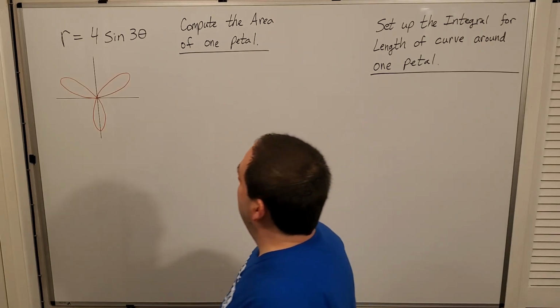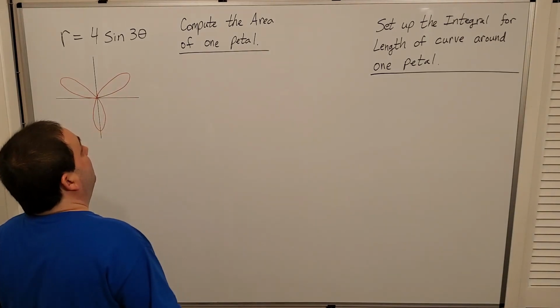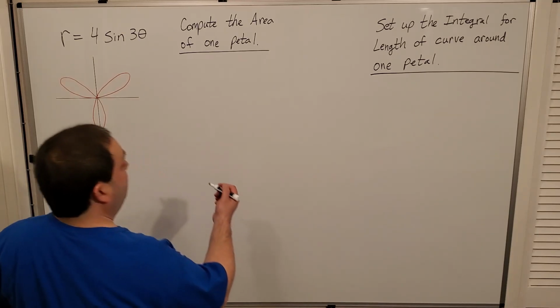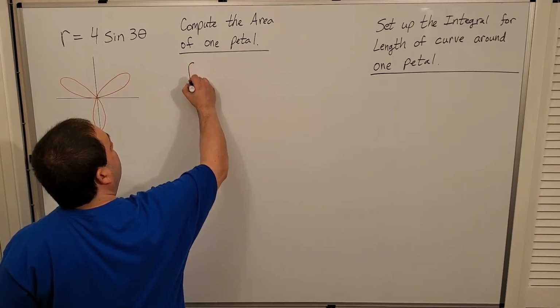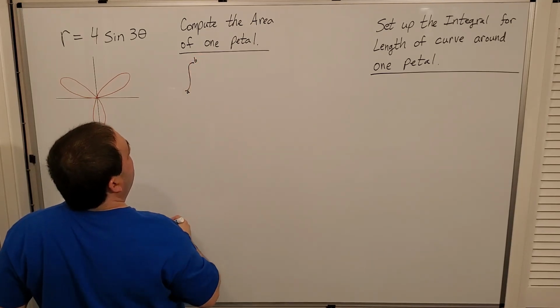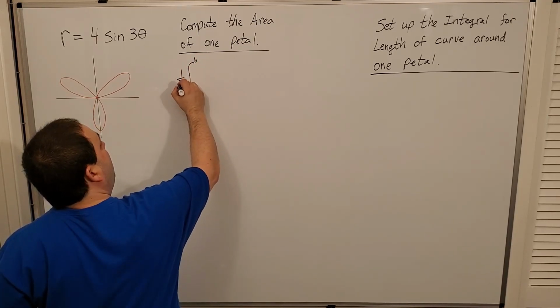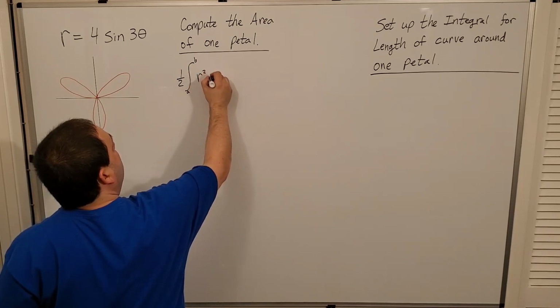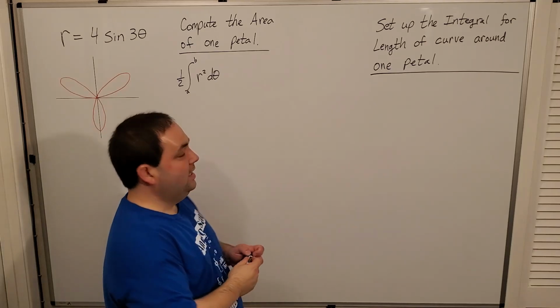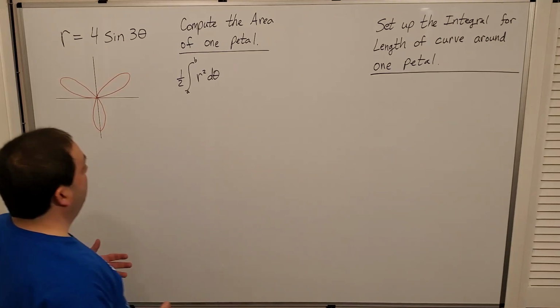Okay, so now computing the area of one petal means that I'm going to be integrating between a beginning point and an ending point, from A to B, and I have to do 1/2 r squared d theta. That's how we do area in polar coordinates, right?